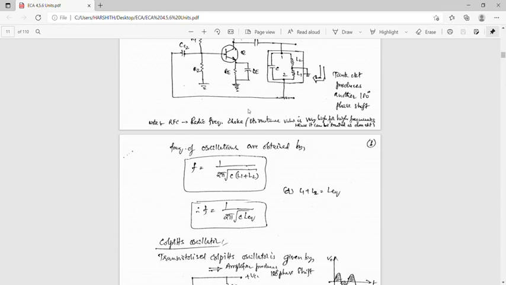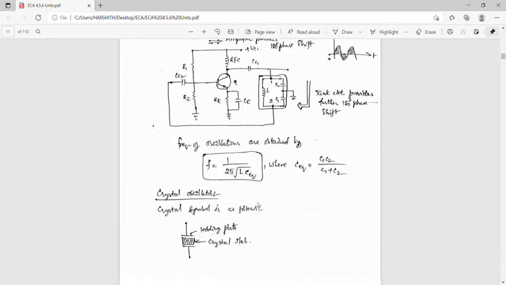In the Hartley oscillator, F equal to 1 by 2 pi square root of C into L equivalent, where L equivalent equals L1 plus L2. So this is the Hartley oscillator.